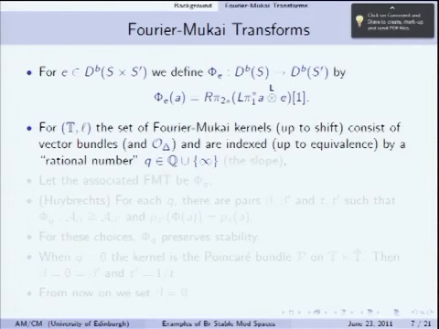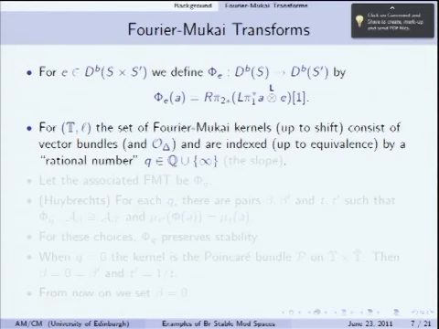And this is the advantage of focusing down on a principally polarized abelian surface, is that the set of these Fourier-Mukai transforms, that's actually, of course, it's a group, but as a set, it's actually quite small. It's actually indexed essentially by a rational number. So given any rational number, there is a vector bundle whose universal sheaf gives rise to a Fourier-Mukai transform.